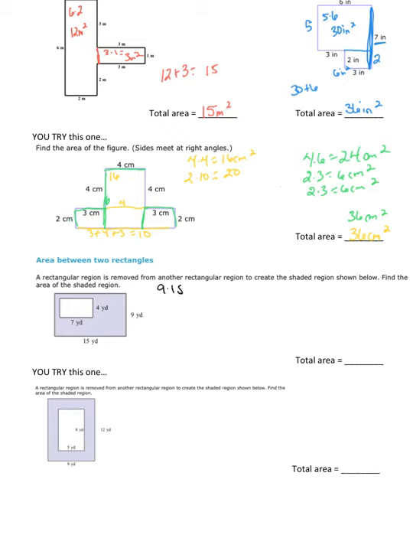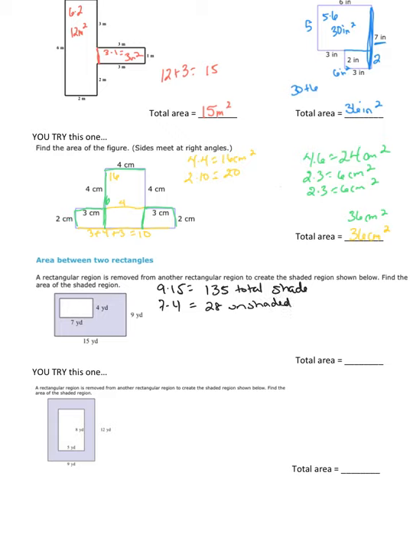To find the area of the shaded region, find the big one. 9 times 15 equals 135 total. Now, 7 times 4, 28 unshaded.